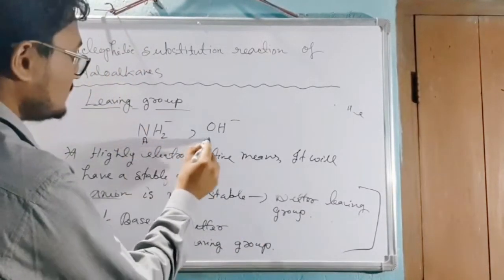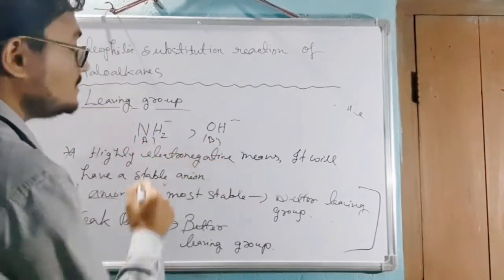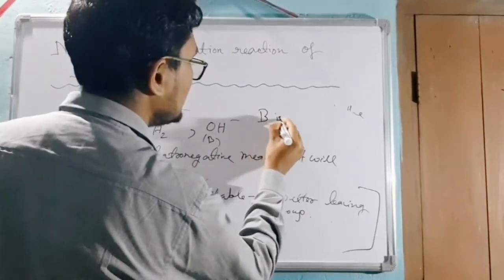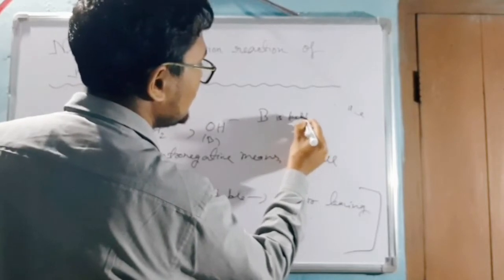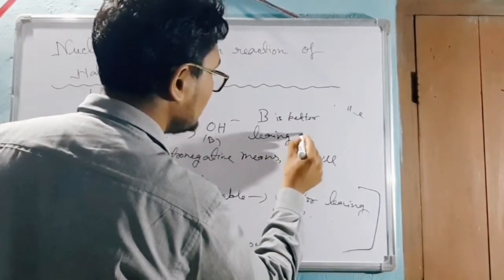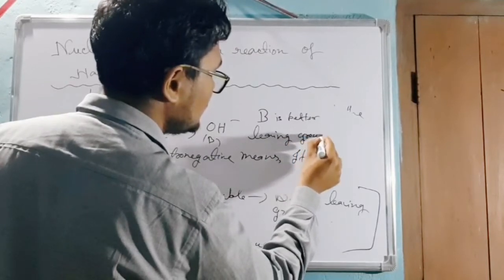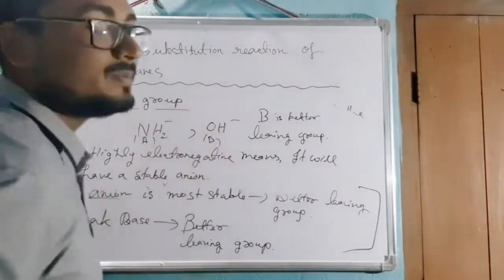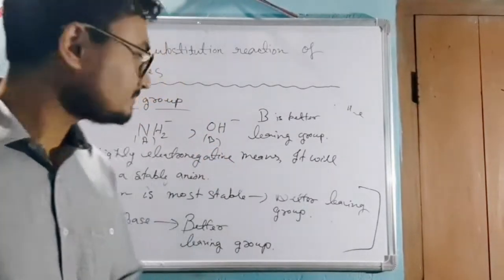So this is A, this is B. Which one is the better leaving group? B is the better leaving group. Either way, OH minus is a better leaving group.